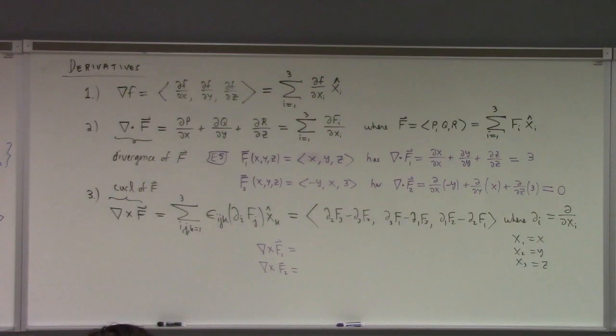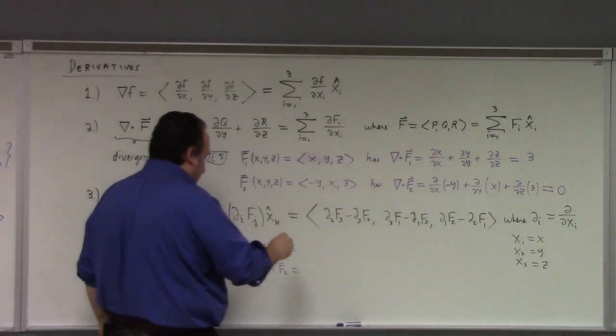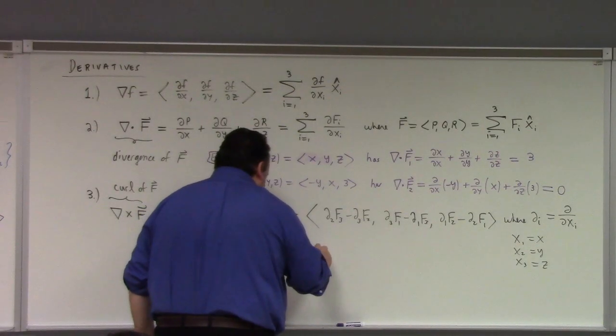See how the first component involves 2 and 3, the second involves 1 and 3, and the third involves 1 and 2. So for f1, the first component is x, the second is y, the third is z. All of those derivatives are necessarily 0, so the curl of f1 is just the 0 vector.